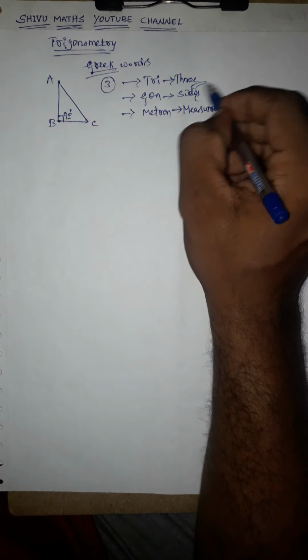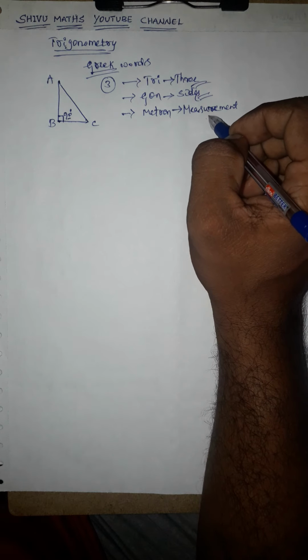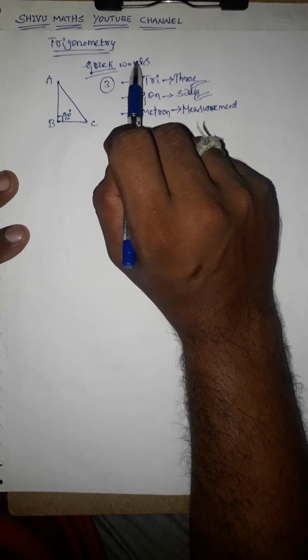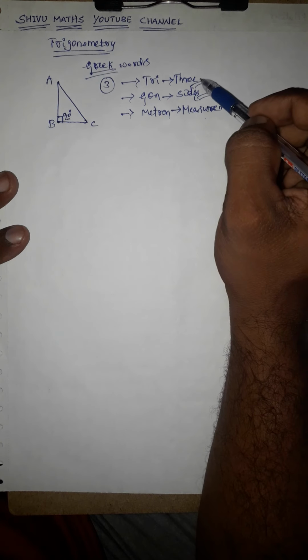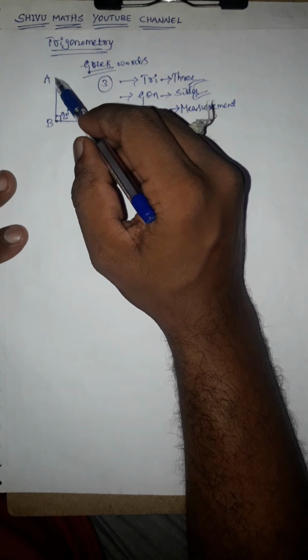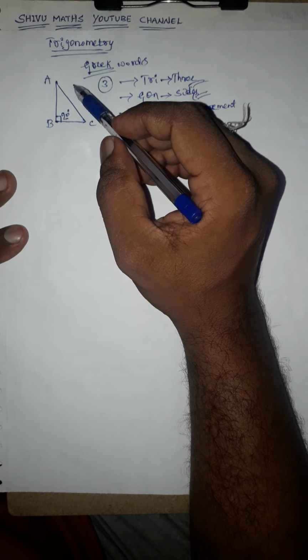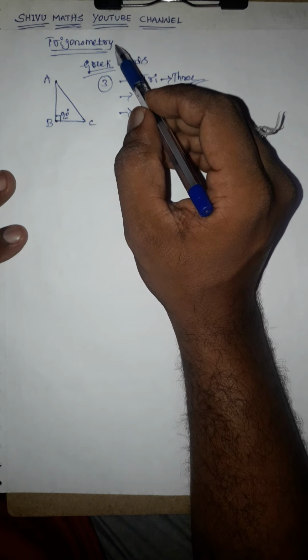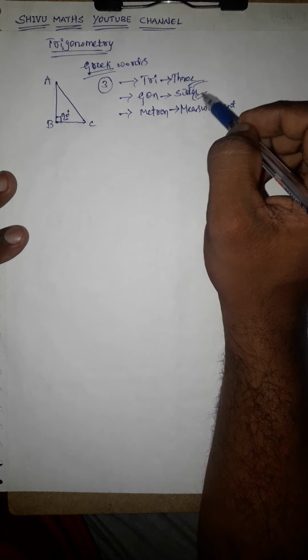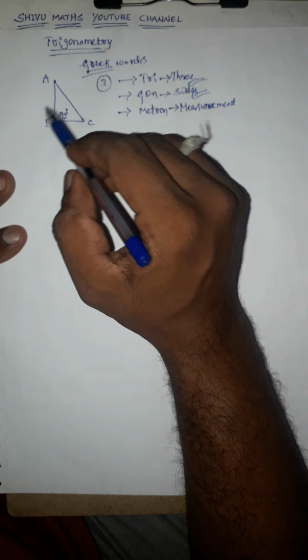The three sides measurement. So trigonometry is a branch of mathematics that studies the three sides and angles of a right angle triangle.